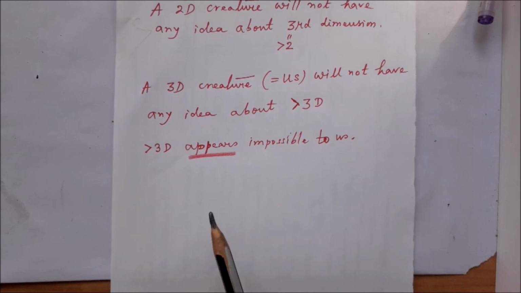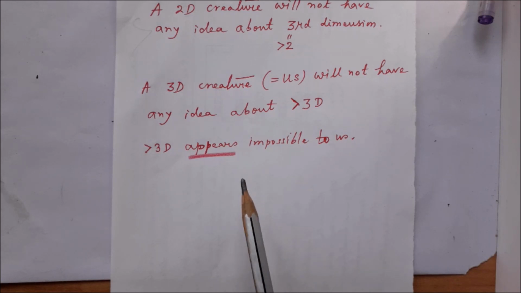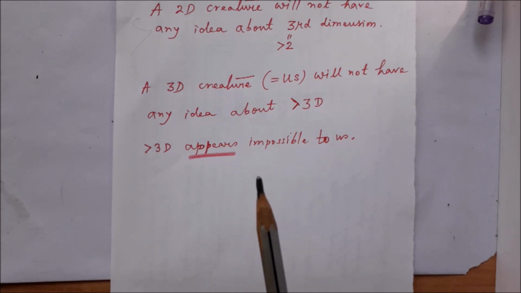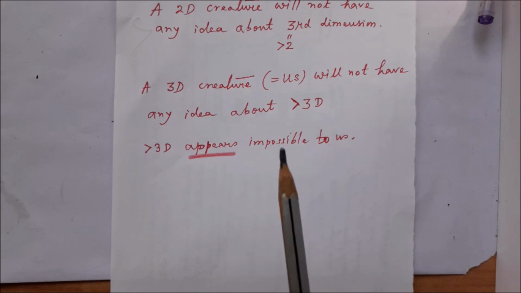And similarly, we are 3D beings, creatures, and it is sensible to look along the x-axis, which is say back and forth, along the y-axis, which is say left and right, and along the z-axis, which is say up and down. And it makes no sense to search for somebody along the fourth direction because to us it does not exist.